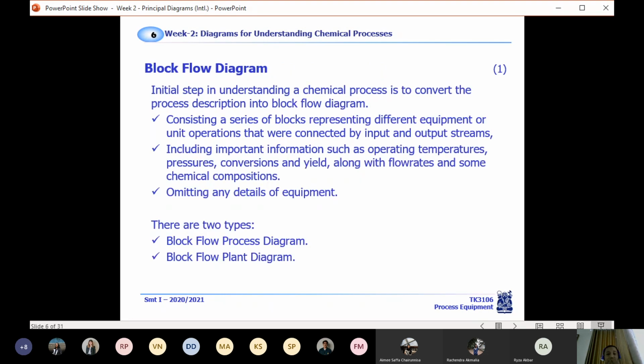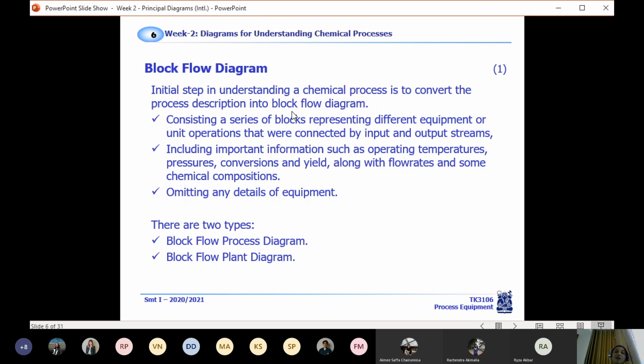And now we move first to the block flow diagram. This block flow diagram is the simplest, the most simple flow diagram compared to the other two, because it consists only of blocks, only blocks representing different equipment that connect the input and output.